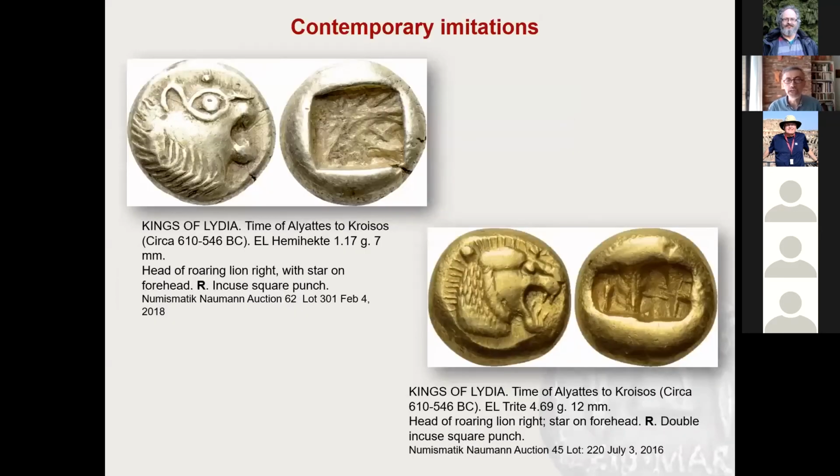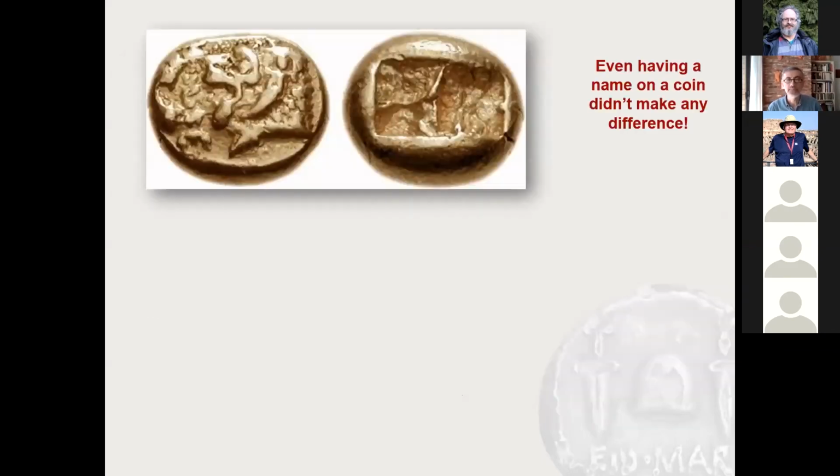Of course, you had contemporary imitations, and we should not really confuse them with the counterfeit coins that we're talking about. They're imitations, and as long as their metal pureness is fine, people didn't have any problem. As you see, they survived, they circulated, and people didn't have any problem with them.